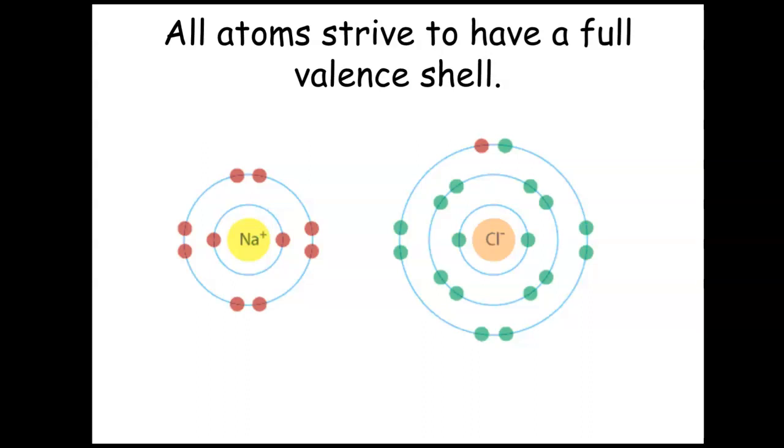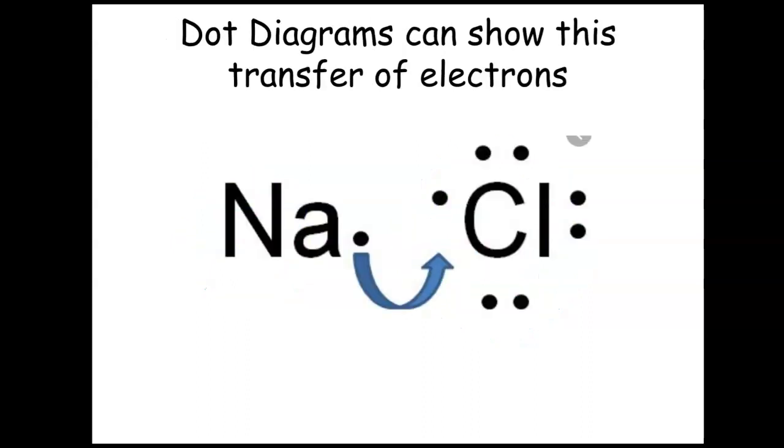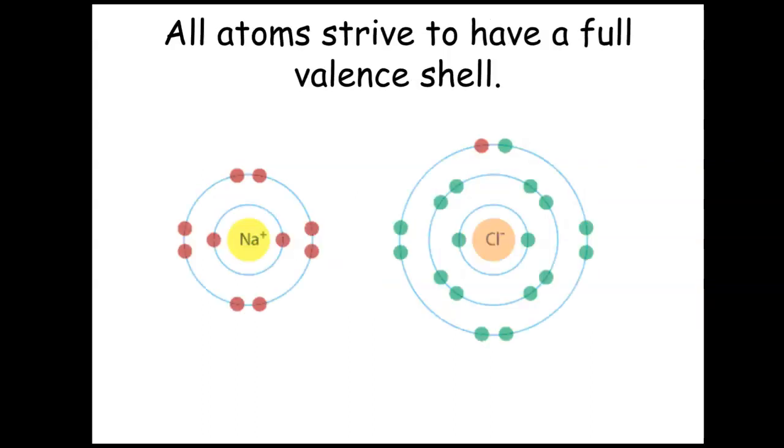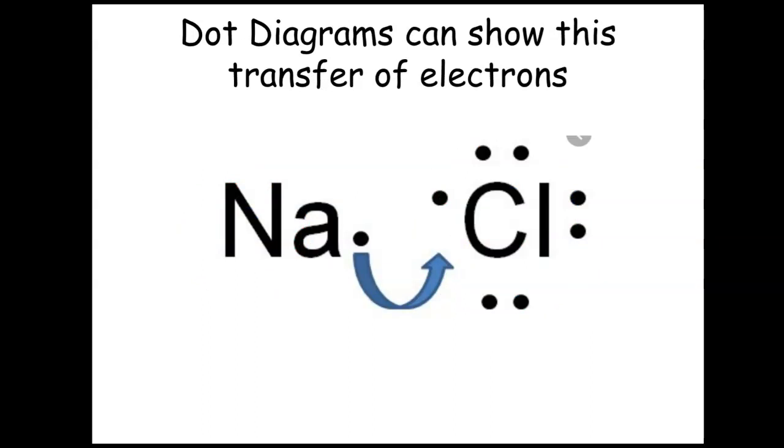And then with that said, we can show that as a dot diagram. It might be a little bit easier than always drawing all the different shells and all the different electrons, to just focus on the valence electrons, because remember, it's the valence electrons that are actually doing the moving.